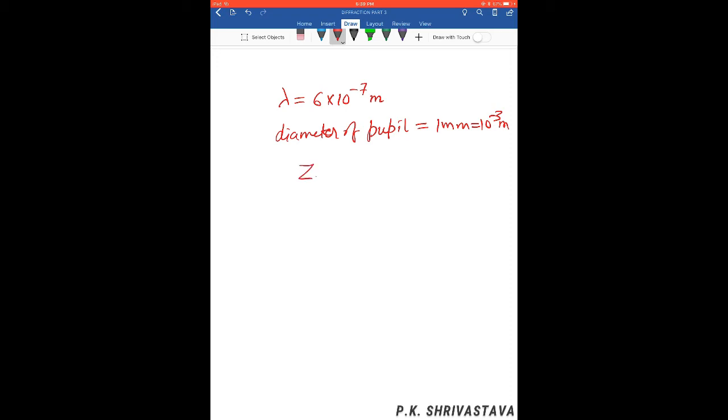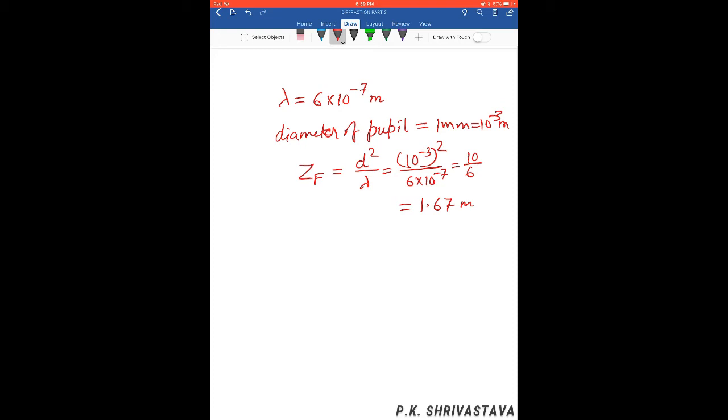So we can calculate Fresnel distance as d square by lambda, 10 to the power minus 3 square upon 6 into 10 to the power minus 7. This comes about 10 by 6, nearly 1.67 meter approx.